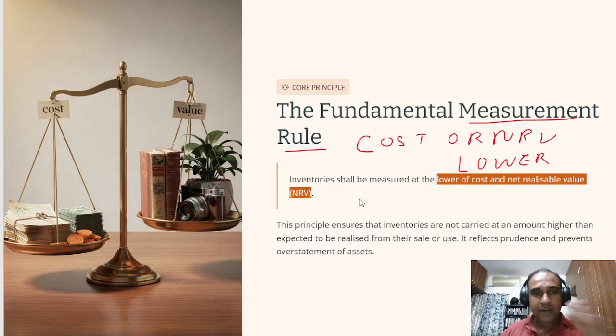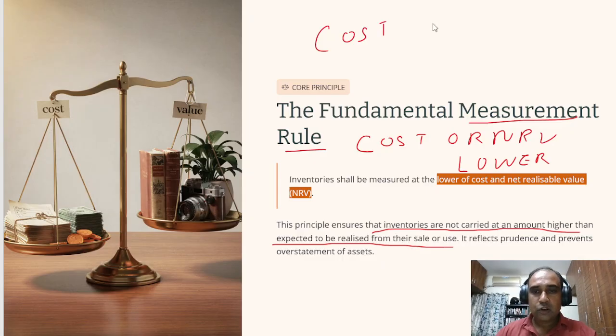So a profit element cannot be added. A profit element we cannot add to the inventory. So this principle ensures that inventories are not carried at an amount higher than the expected to be realized from their sale or use. Okay. So this is more of a prudence concept wherein we value the inventory either at cost or at net realizable value, whichever is lower.